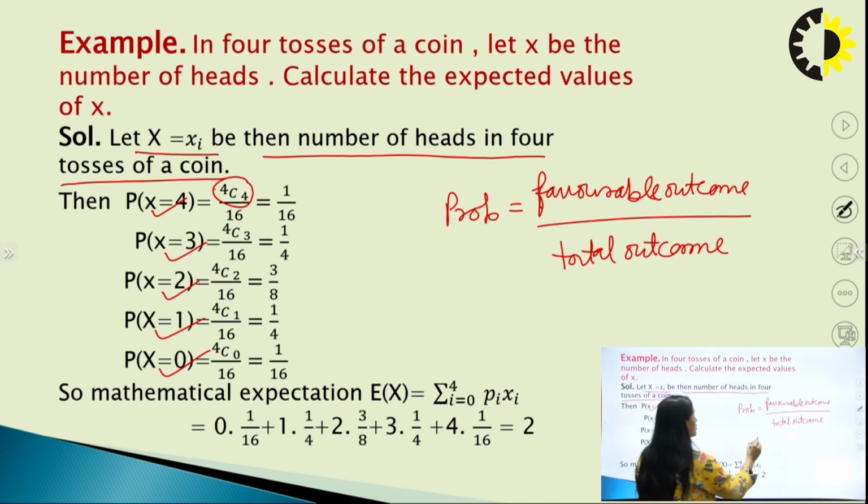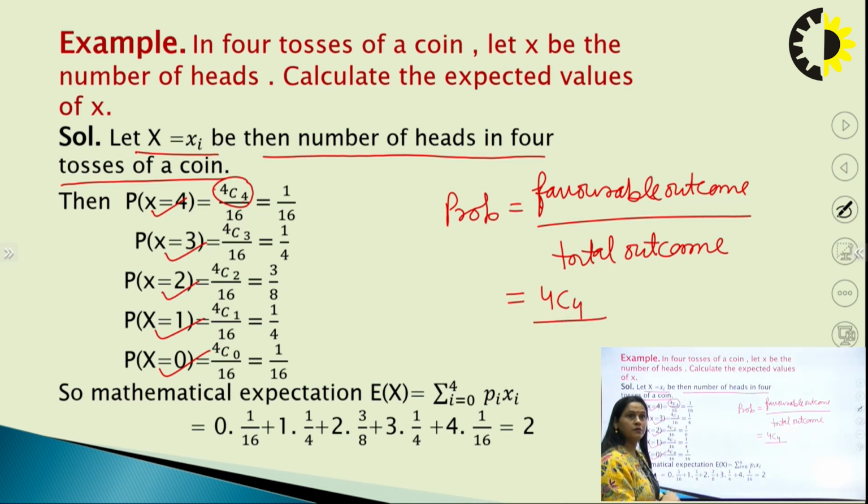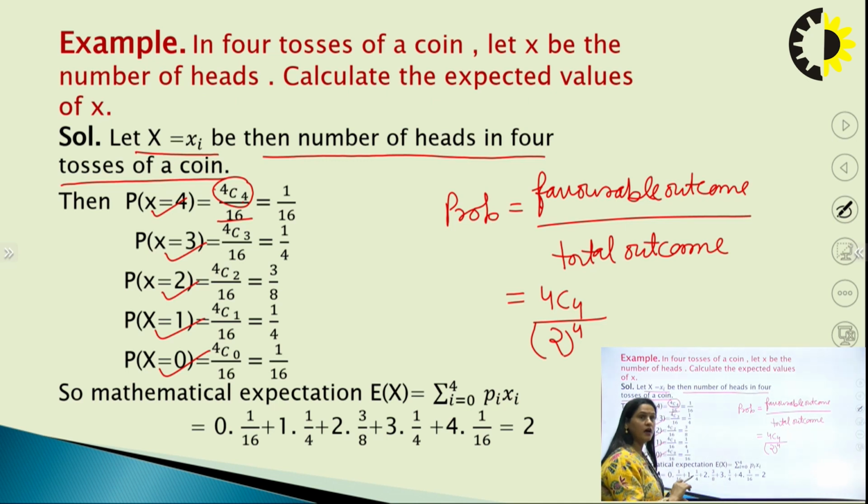So, according to the combination, it becomes 4C4, and what is the total outcome? We are tossing it 4 times, and we have 2 sides of a coin, one is head and another is tail. So, for head and tail both, 2 to the power 4. So, this will be the total number of outcomes which we can have.